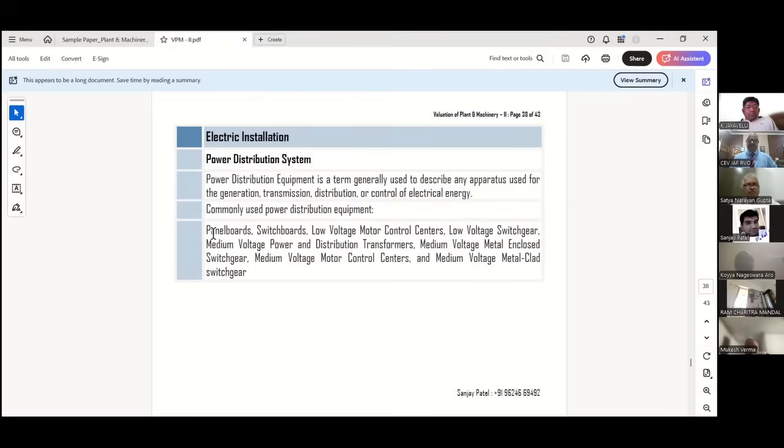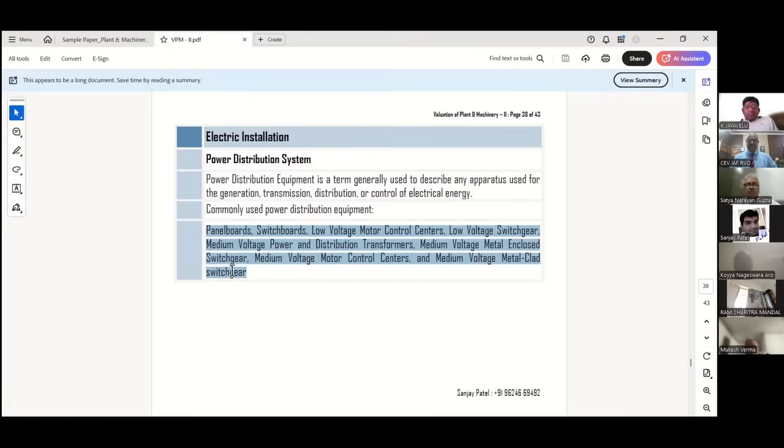So you find panel board, switchboard, low voltage motor control systems in an industry, low voltage switchgear, medium voltage power and distribution transformer, medium voltage metal enclosed switchgears, medium voltage motor control systems.